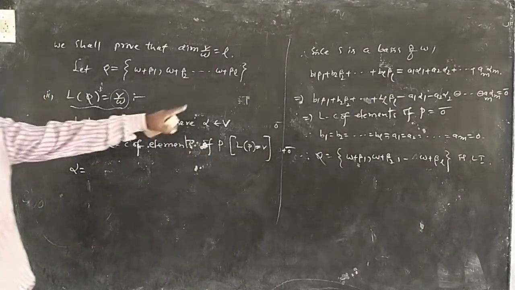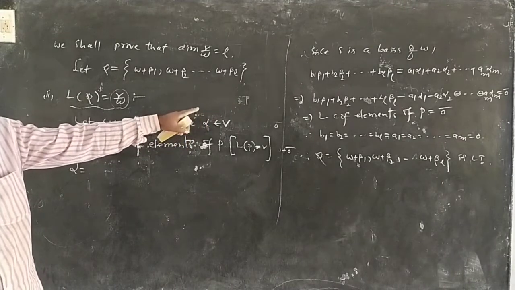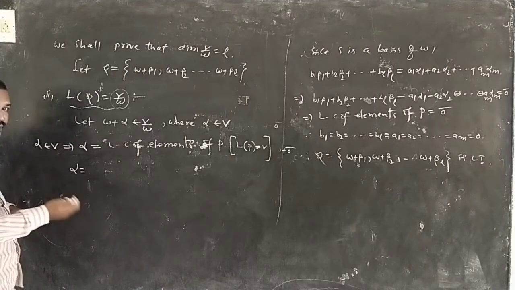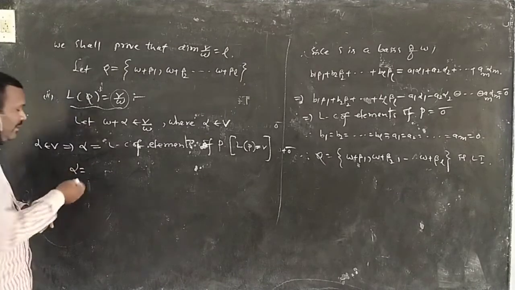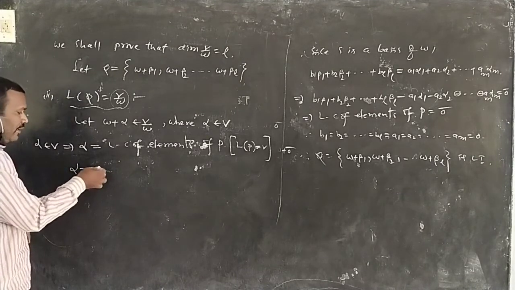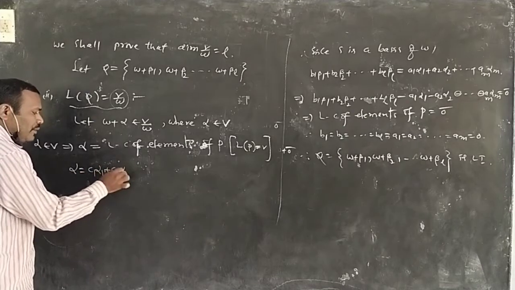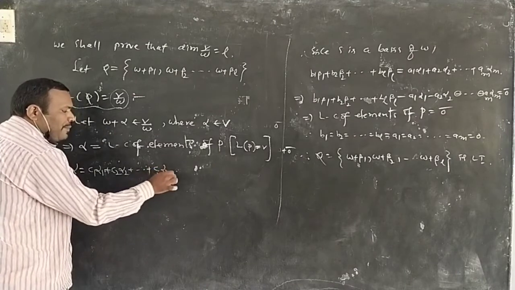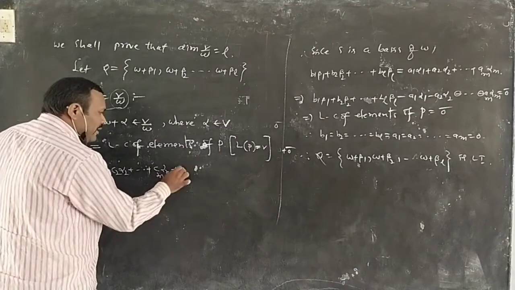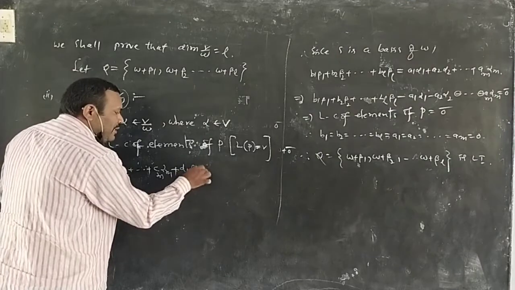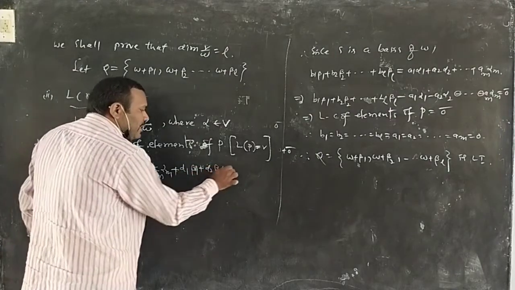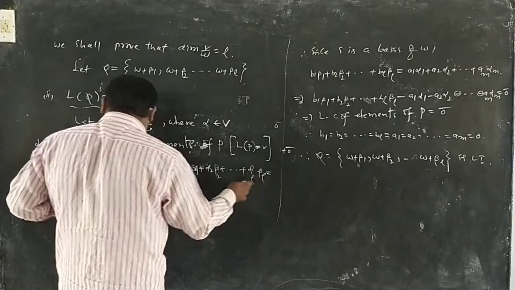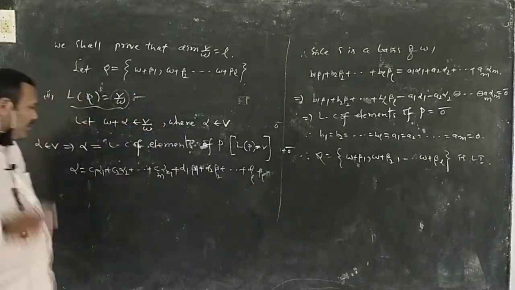Already A's and B's are used. Scalars A and B are used. You can take C and D. Let us take C's and D's. You take C1 alpha 1 plus C2 alpha 2 plus and so on plus CM alpha M plus D1 beta 1 plus D2 beta 2 plus and so on plus DL beta L is equal to alpha. This is okay.